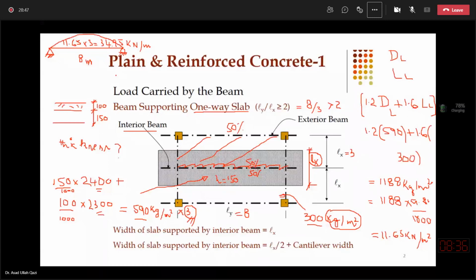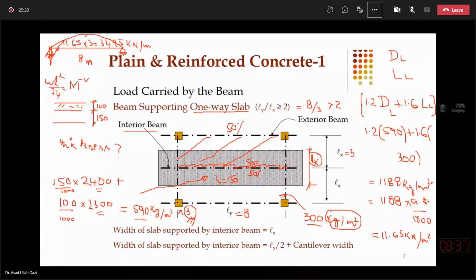Then there may be a choice to assume the negative moment at the ends as WL square by 24. It is just one option that we can select based on end conditions. That end will have a hogging moment and we will then have a point of inflection somewhere, and the mid span will get a moment magnitude not WL square by 8, maybe WL square by 16 or 14.